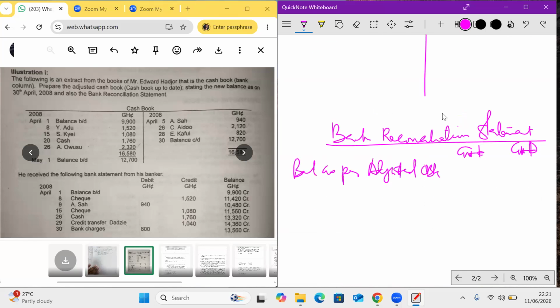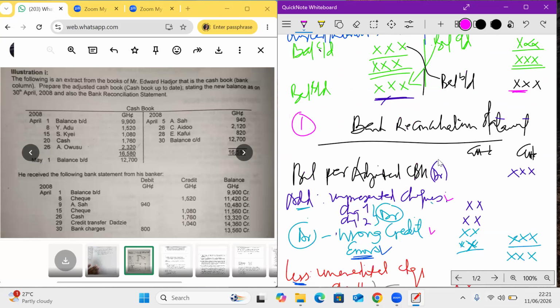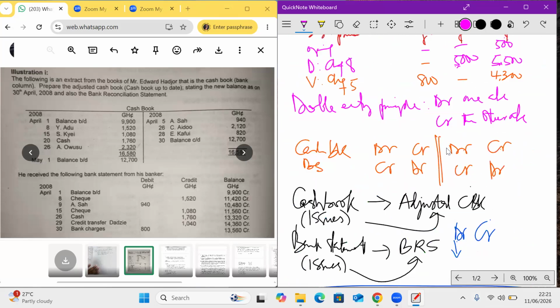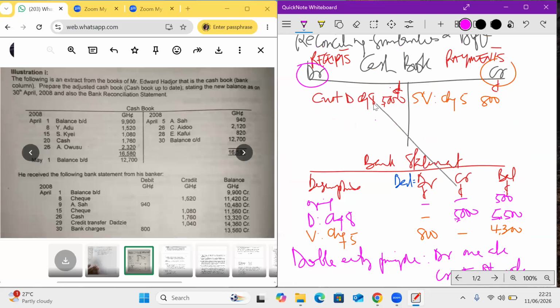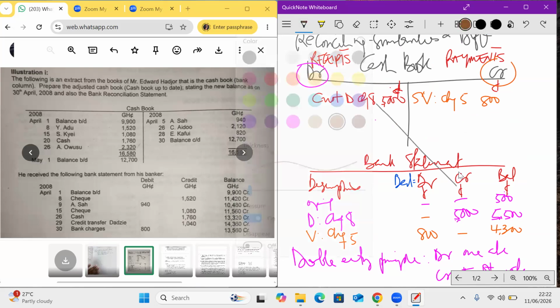Now, we are going to do diagonal analysis, basically like we did at the top here. You will see that we have the debit and credit. We can also have the credits in the cash book and the debits in the bank statements.